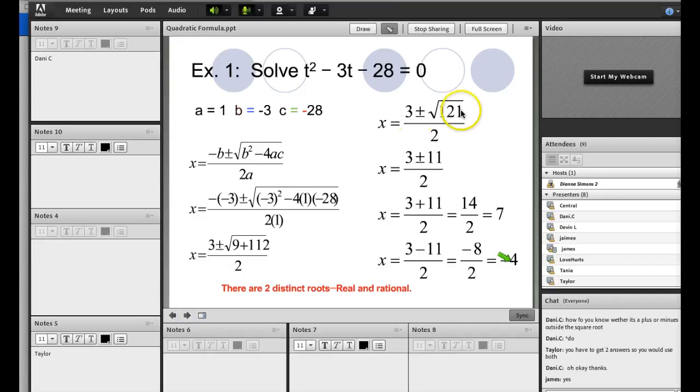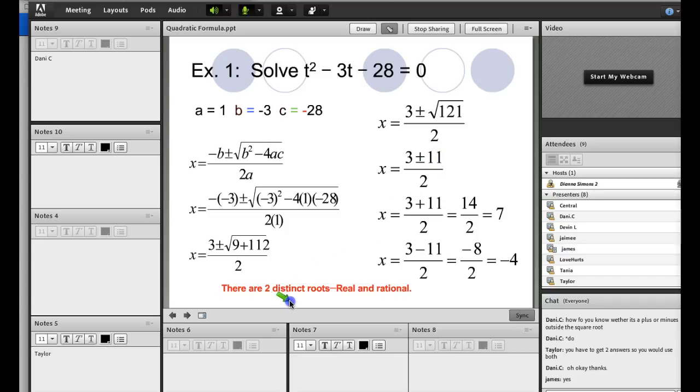So, you were asking about the discriminant. This stuff right here, not the square root, but just the b squared minus 4ac, that's the discriminant. And up here, you see we get a 121, which is a perfect square, right?